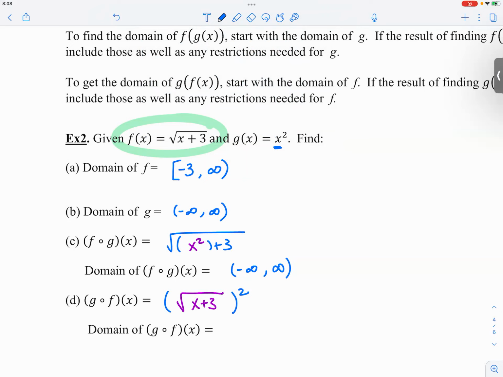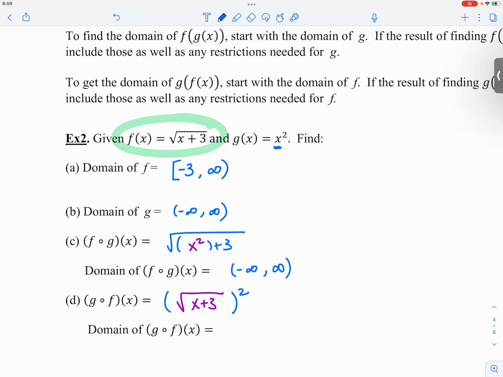Now, there are some people who may argue this. They would say, but wait, Mr. Chan, take a look at this. You have the square root right here. You have a square out there. Don't they cancel each other out? And if that's the case, then x could be any number, isn't it? Well, that argument is somewhat valid. The problem is that when we look at domain, we always look at the original notation, the original function right there.